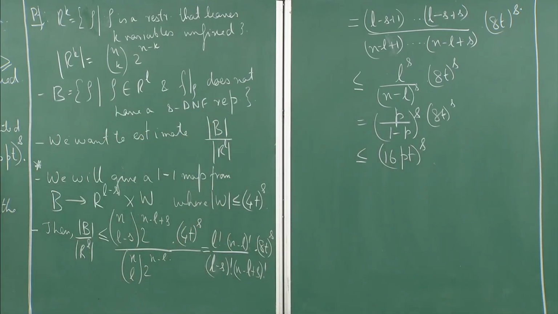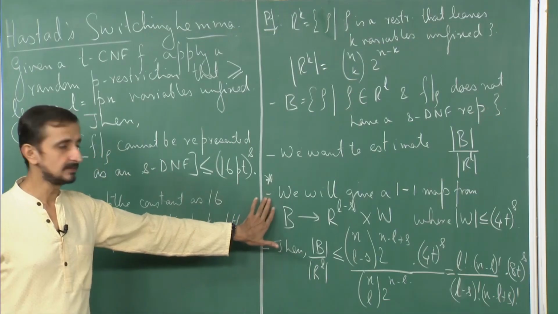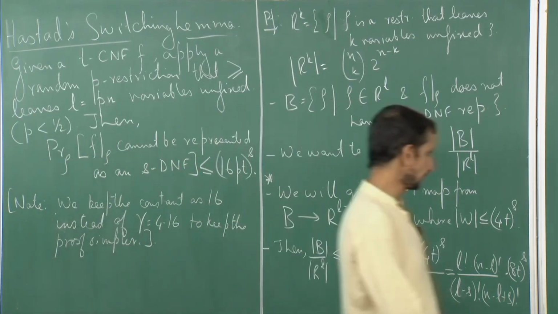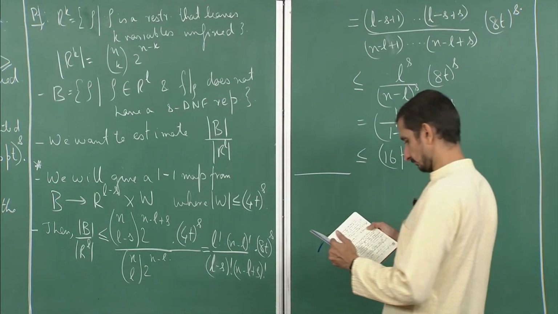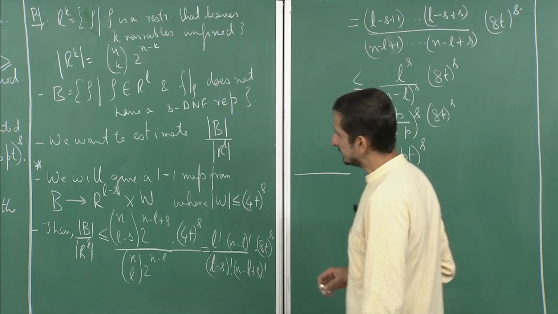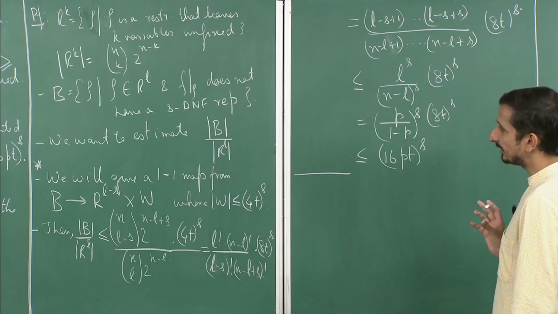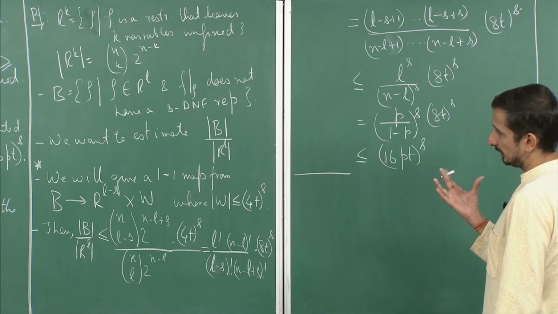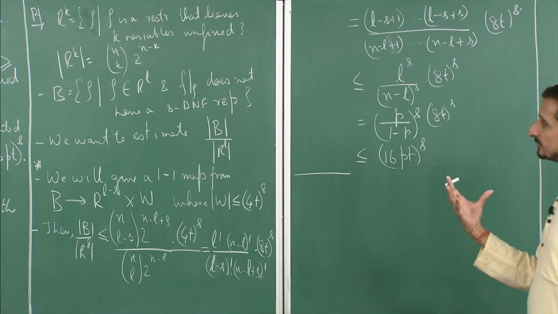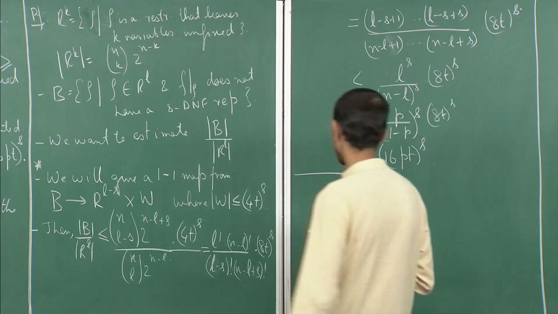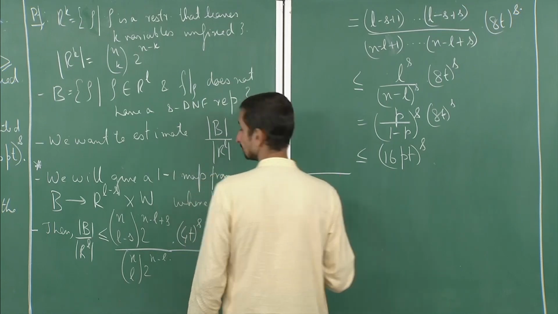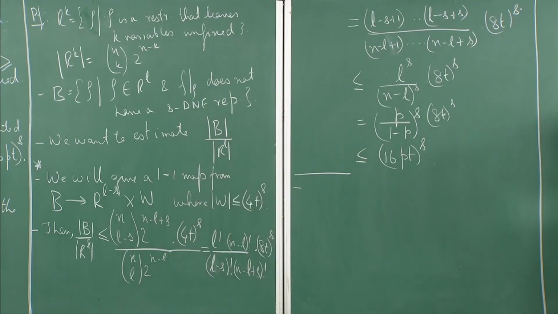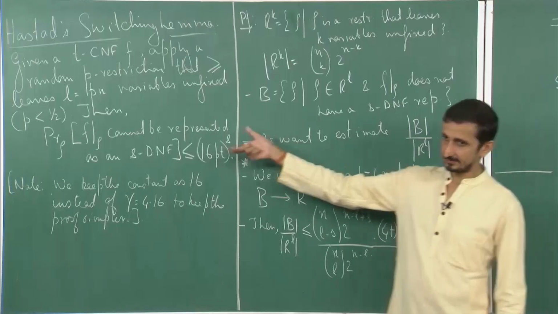So now what we are left to show is this statement over here. Now let us try to understand a few things about what f is. f is given as a TCNF. What does that mean? Because we have to estimate this probability, right?